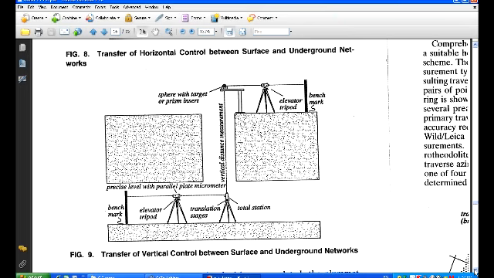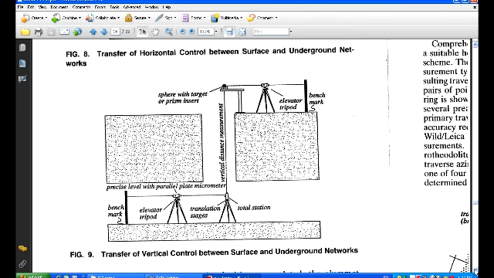Now we take that sphere and replace it by a sphere that has a prism, and it would then look downwards. And now at the bottom of the shaft, and in this case it's a tunnel where we could easily set up the total station, we can look vertically with the telescope and measure that vertical distance.